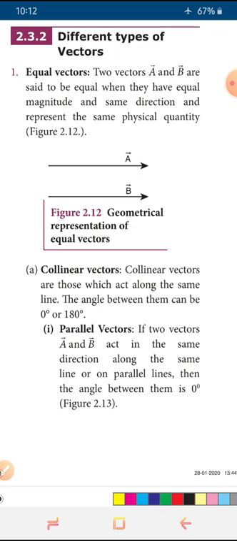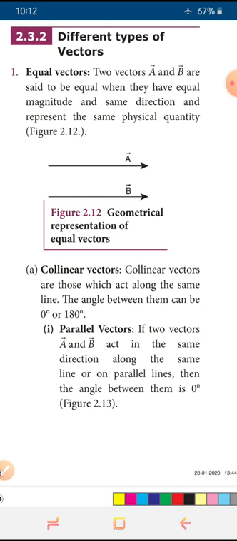Next, the collinear vectors. Collinear vectors are those which act along the same line; the angle may be 0 degree or 180 degree. They act along the same line, and the angle difference can be 0 or 180. The first division is parallel vectors.